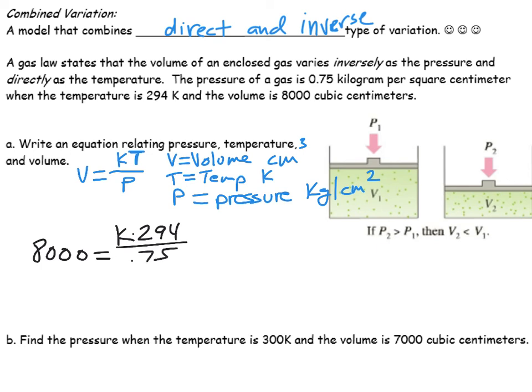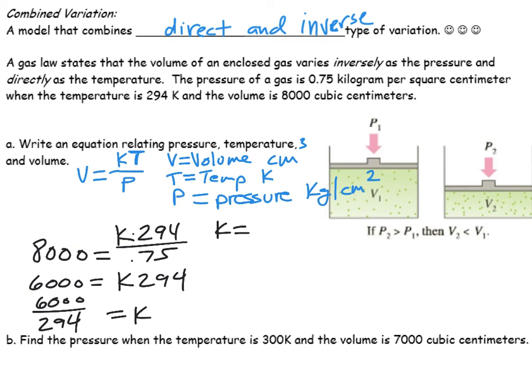I'd multiply both sides by 0.75 and get 6,000 equals K times 294. Divide by 294 and get that, which is really the answer that I'm looking for.